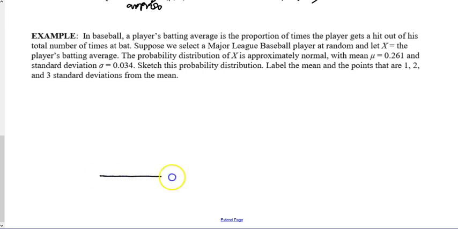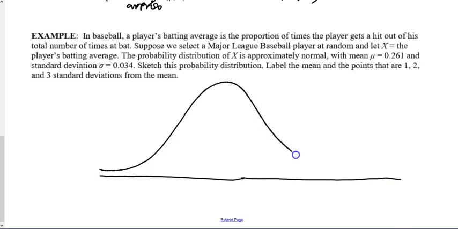So first off, you're going to have to practice this. You're just going to get in the habit of being able to draw a pretty decent sized bell curve. That's not perfect, but it's pretty darn good. Now, you're going to put the mean dead center, and we're going to put 0.261 here.